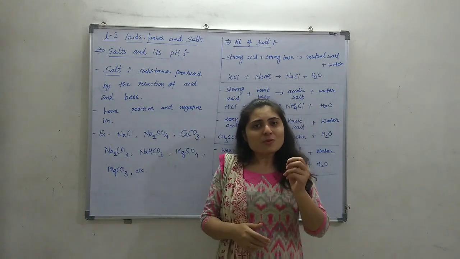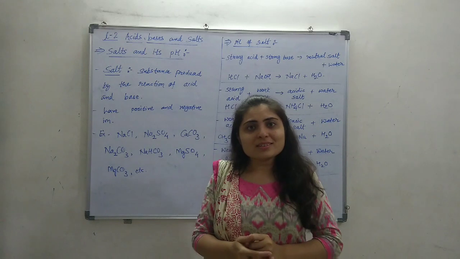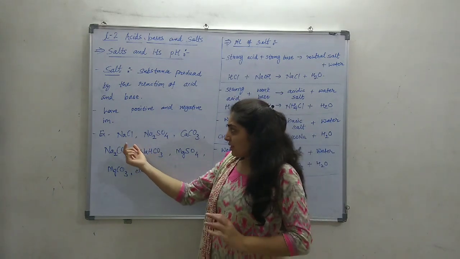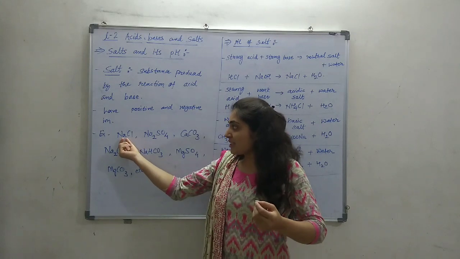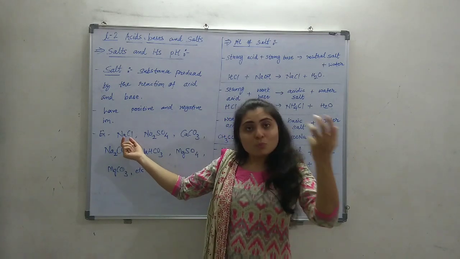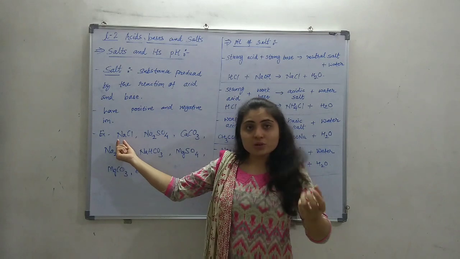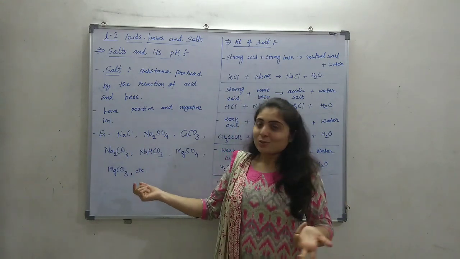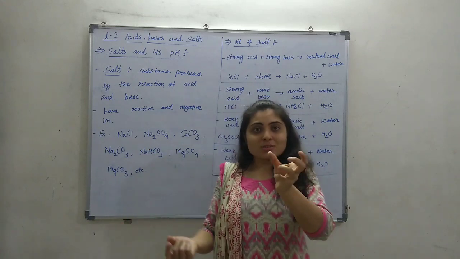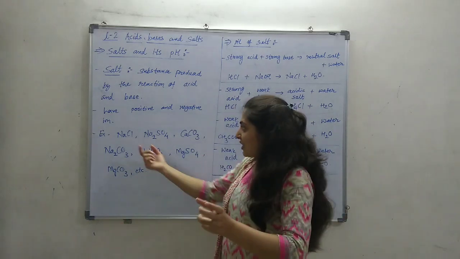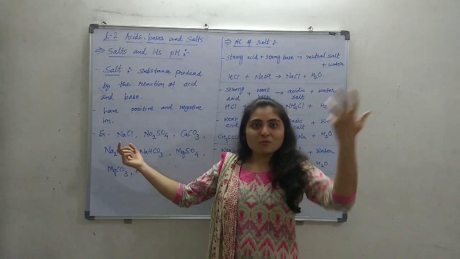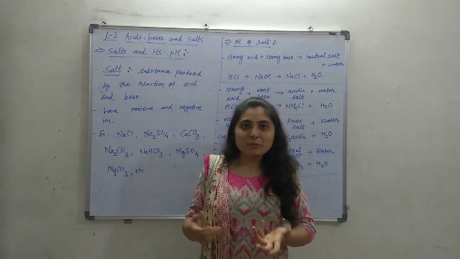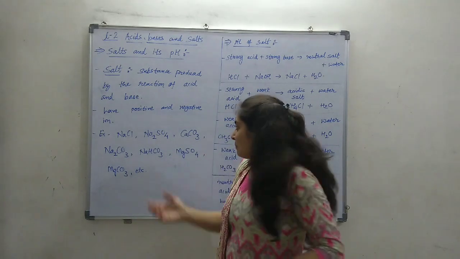Can you guess from which acid and base it is formed? Yes, we can guess that it must be formed from NaOH, that is the base, and Cl coming from HCl acid. So by knowing the chemical formula of the salt, we can predict from which acid and base it is formed. Right? So NaCl is made from NaOH and HCl.